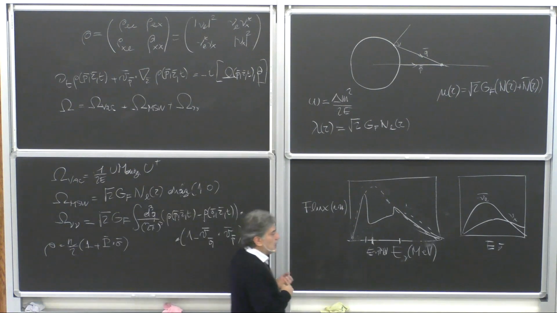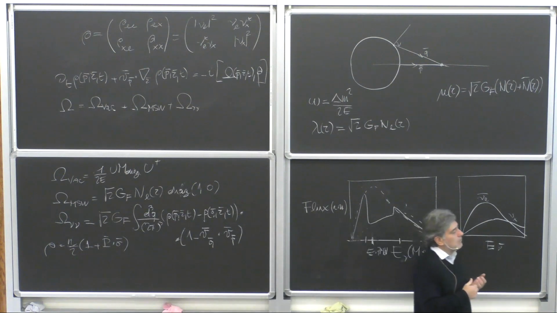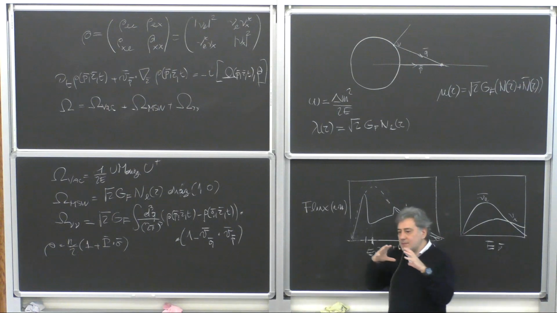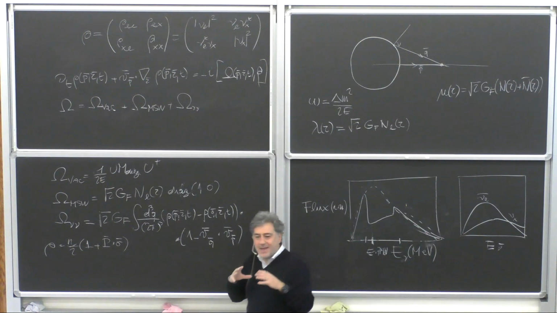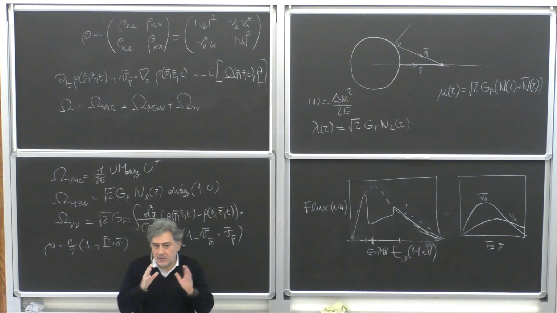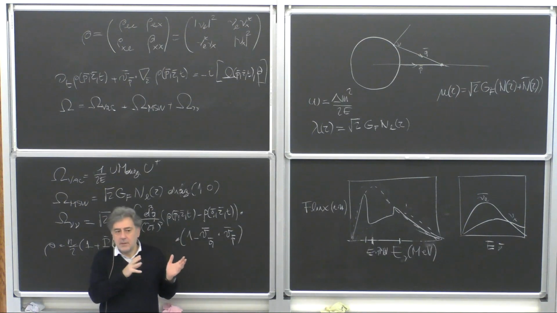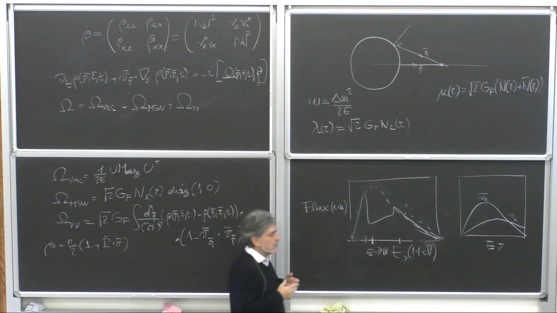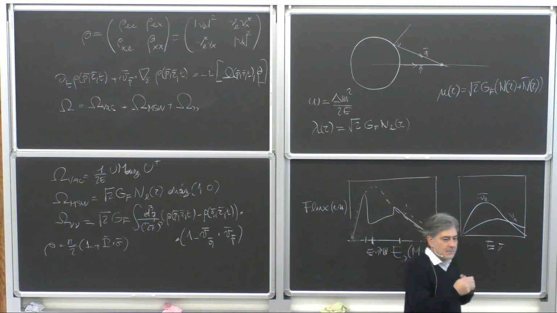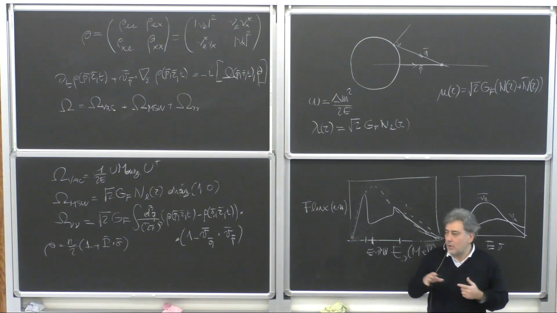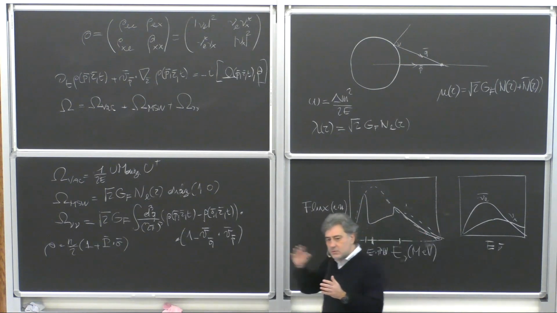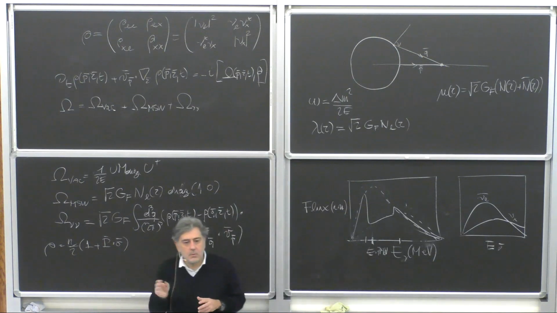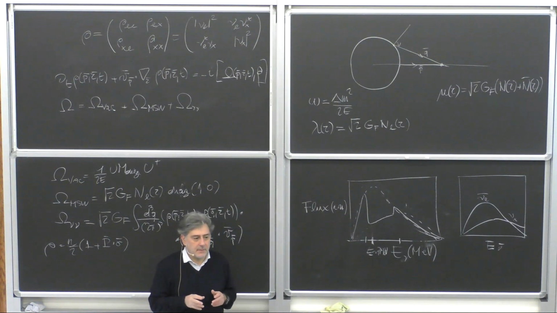Or the geometry is not exactly spherical. Every time, this is what was found: every time you consider some small perturbation, all these patterns tend to be washed out and disappear.